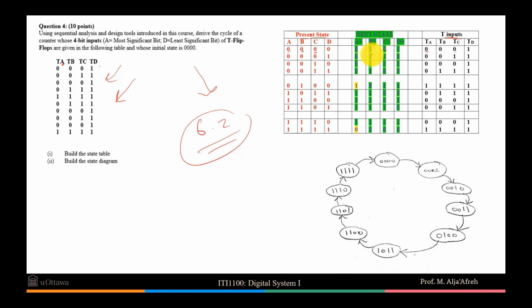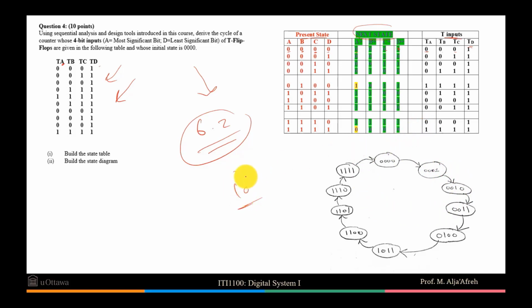If you have 0 here and you have 1 here, you have to write 1, because TD will flip; this input will toggle the present state to become 1. If you do the same thing, you get this next state table. So if you are at 0, 0, 0, the next state will be 1. And this is increment by 1. That is this question, and you're getting 10 points for that one.